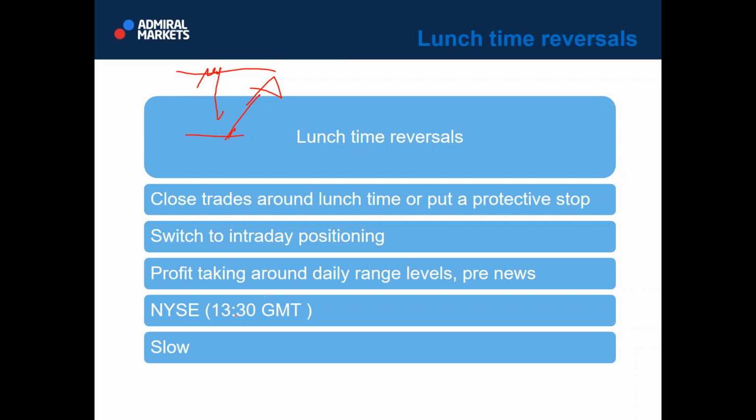The New York Stock Exchange opens at approximately 13:30 GMT. Okay, remember the time. In my time zone it is 15:30.